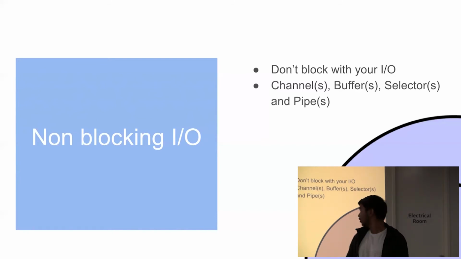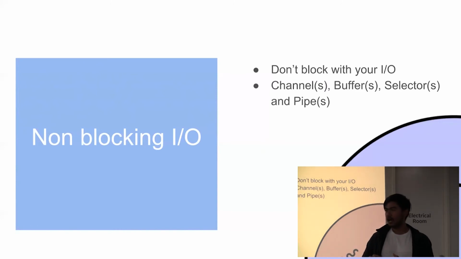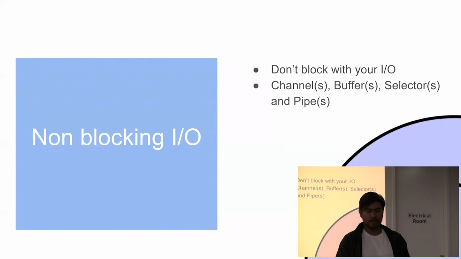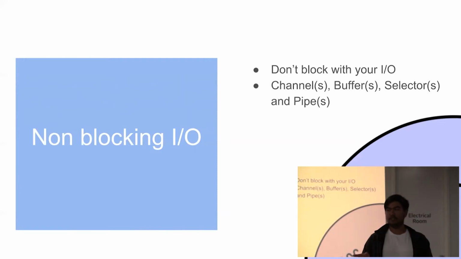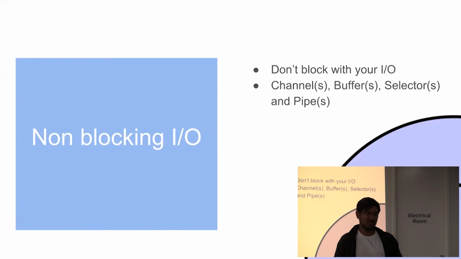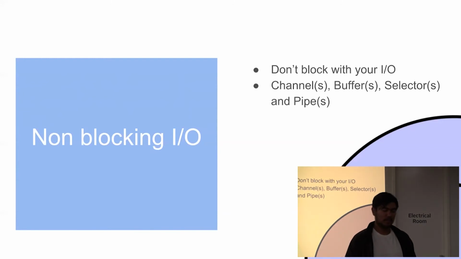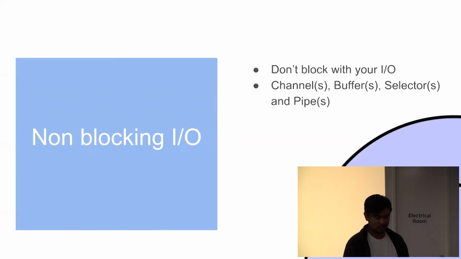With New I/O, you can spawn a channel, like a socket channel or a file channel, and then you create buffers, which are the memory you want to allocate. With the buffers and channels, you have selectors, which can iterate through all those buffers through some event loop mechanisms. You also have pipes, which are used to communicate between different threads.